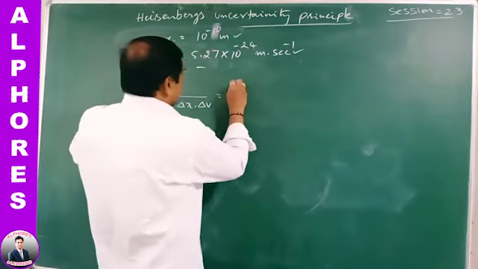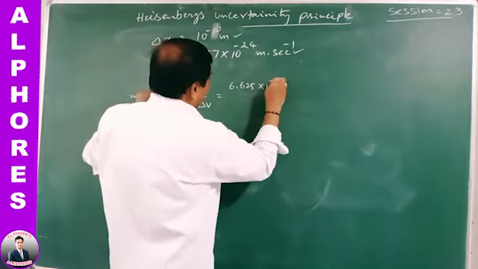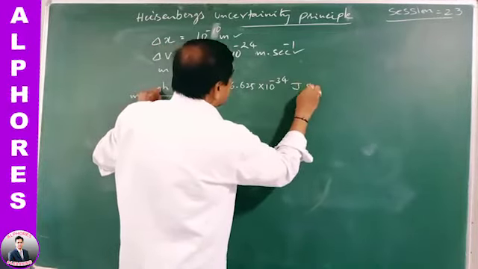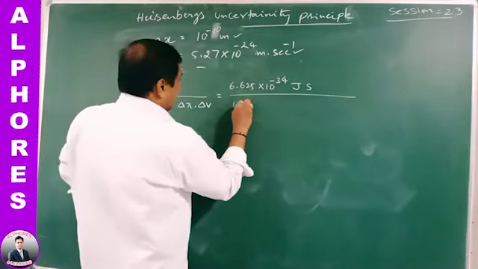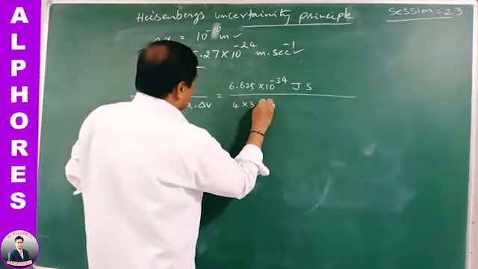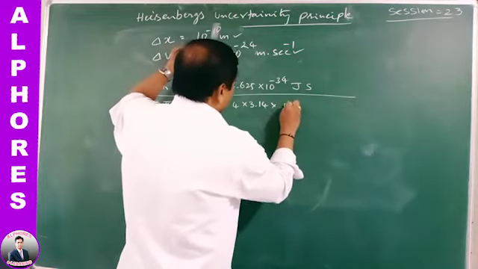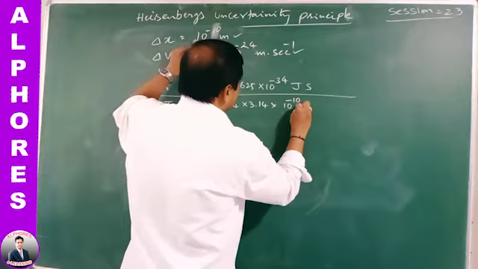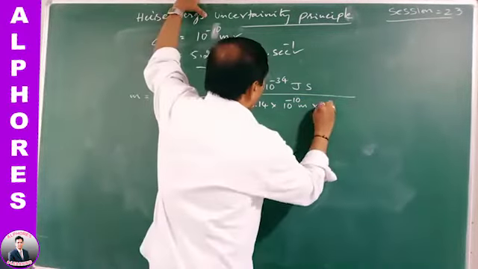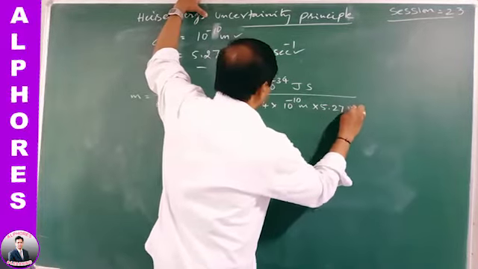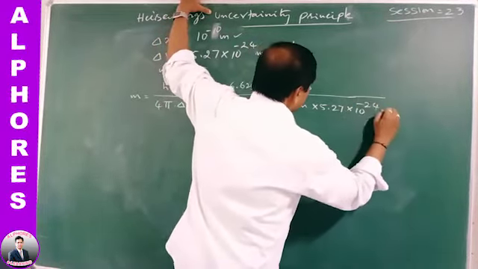Planck's constant 6.625 into 10 to the power minus 34 joule second by 4 into 3.14 into delta x, which is given as 10 to the power minus 10 meters, into delta v, 5.27 into 10 to the power minus 24 meters per second.